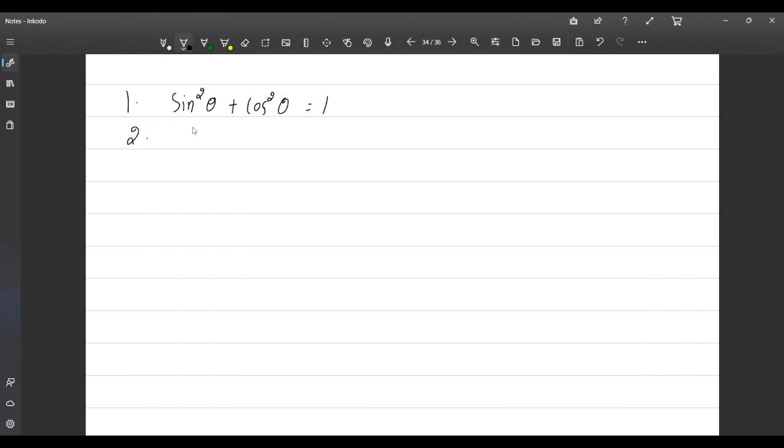Second one is 1 plus tan square theta is equal to sec square theta.